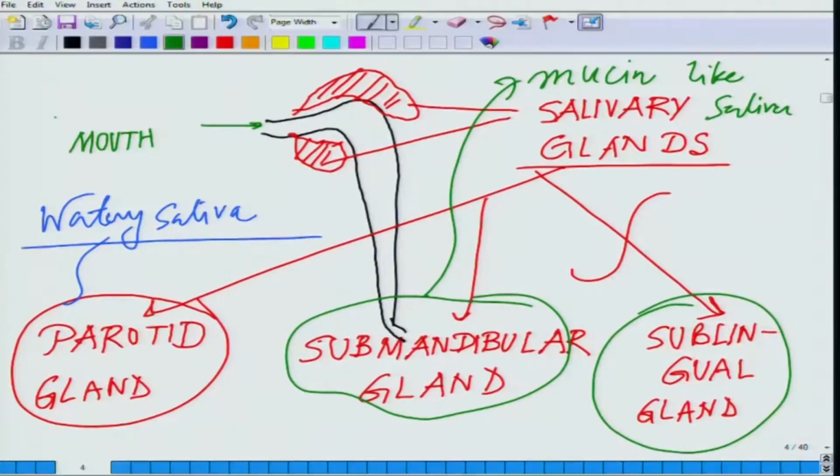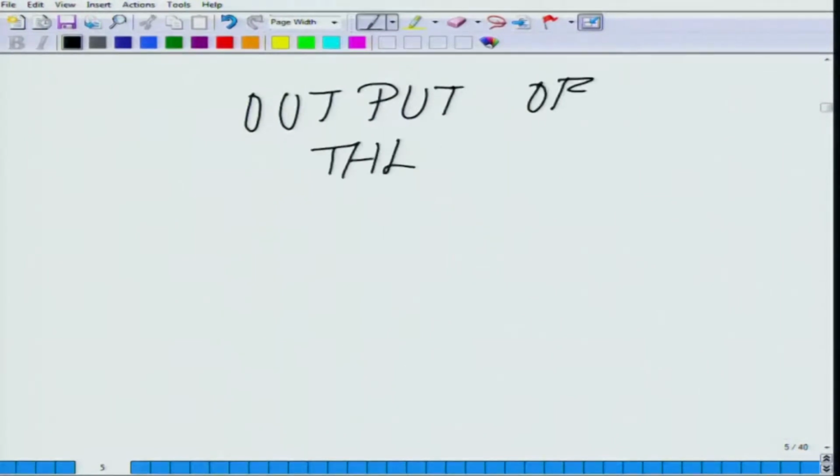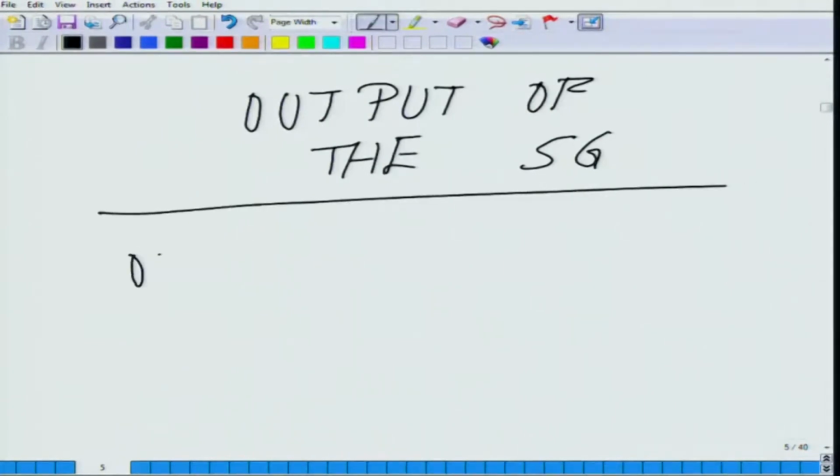If you look at the output of the salivary gland, I am just putting it as ASG, the output is around 0.5 to 1.5 liters per day.